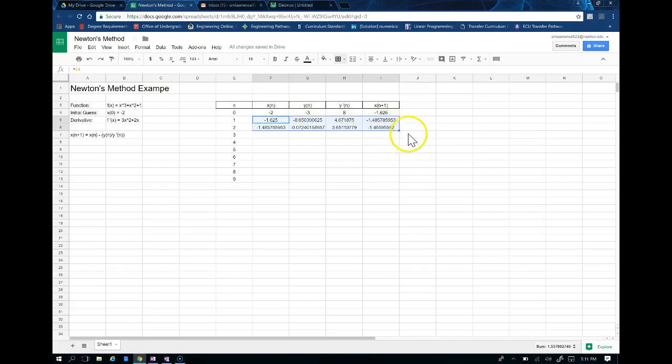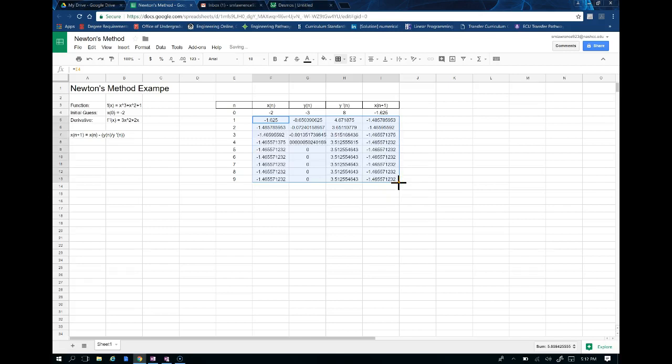What you want to do is highlight it, and then see that little square in the corner there? We can drag it down. I'm going to drag it down until the bottom of where n equals 9, and it's going to fill it all in for me. And notice how my y's eventually just say 0, which is what we're looking for.